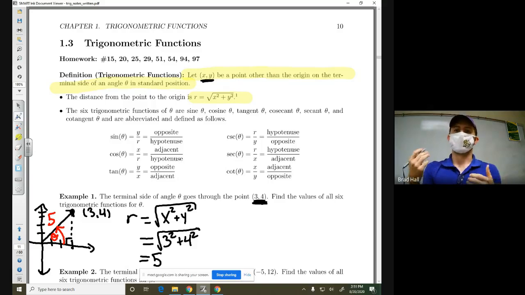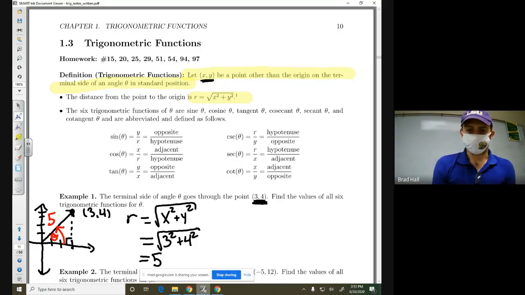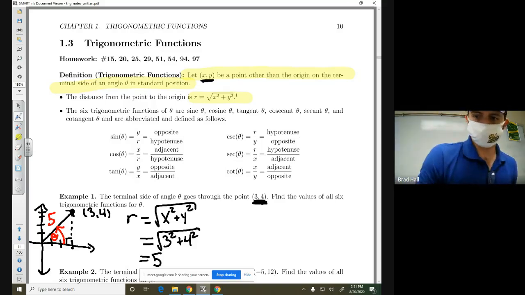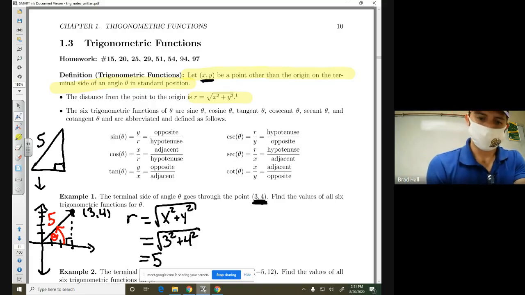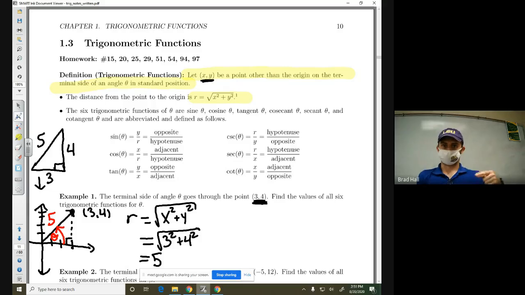This is when the opposite, hypotenuse, and adjacent come into play. What we have constructed down here, I'm going to draw up here as well. We constructed a right triangle with a hypotenuse of 5. The x value is 3, and the y value is 4, because x values go left and right, y values go up and down.